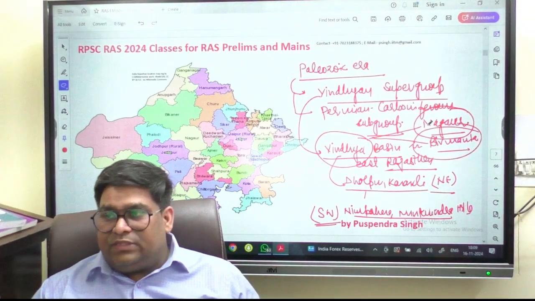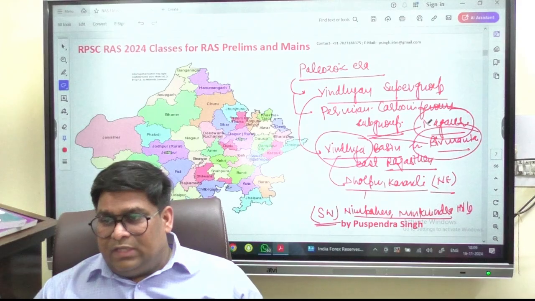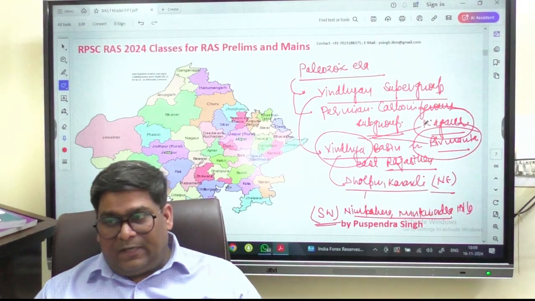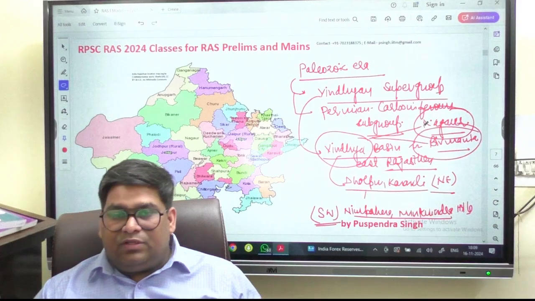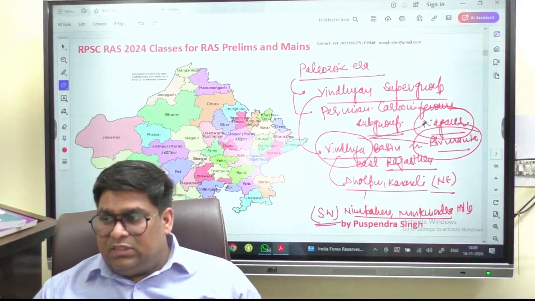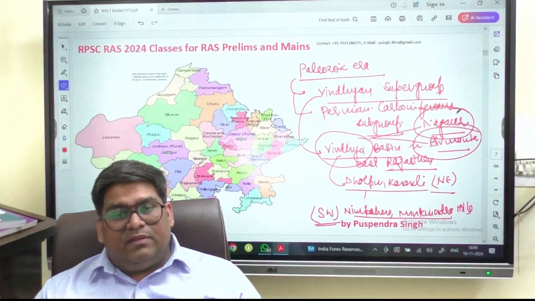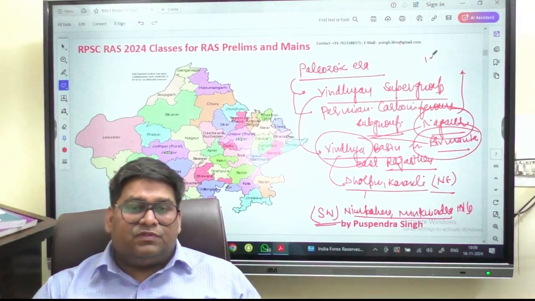Similarly, the Birmania basin has another important aspect. When we speak about these rocks, the Malani rocks of the Nagaur basin cover primarily igneous rocks.